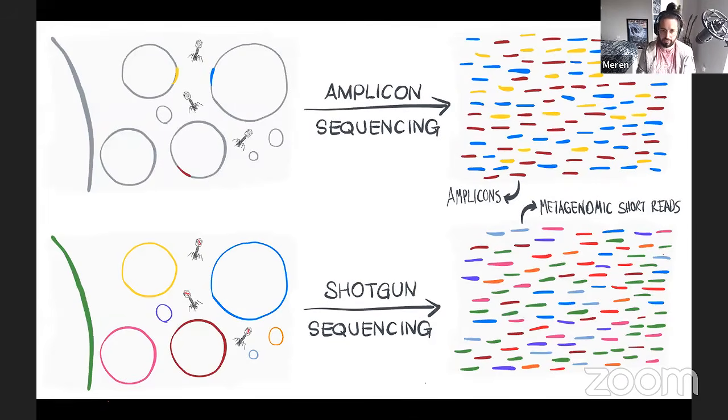What happens is you end up with a bunch of short reads, short sentences from these books, that would require you to really be careful about how to make sense of this bag of sentences that are coming from all the books in the library, different editions of each book, etc. So metagenomic short read recruitment helps us to make sense of that kind of data.